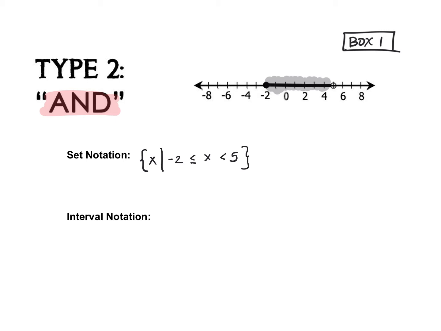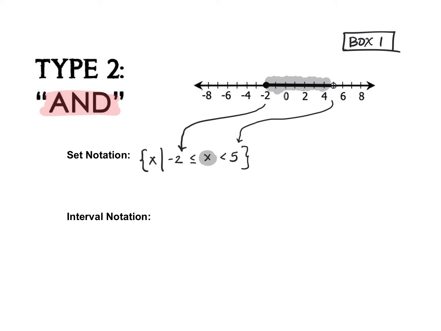Notice how this time my solution set is written as one inequality with two inequalities in it. So usually we start off with the lowest number on the left hand side, the highest number on the right hand side, and that shaded region represents my x value.